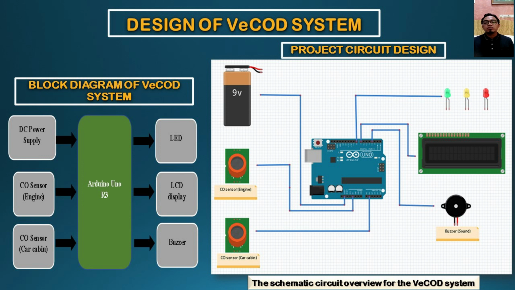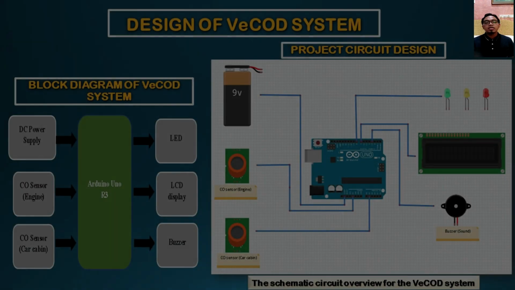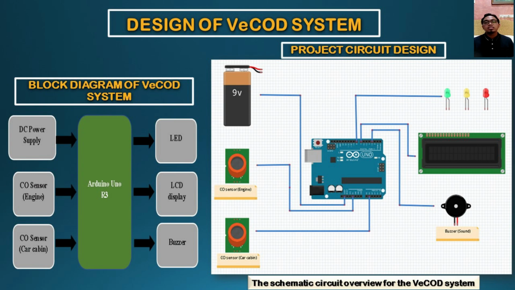The LCD in the vehicle system will show the CO gas readings that have been detected, as well as the current status, such as good, caution, or dangerous. When the LED shows green, the LCD will display good status. Likewise, on the yellow and red LED, the LCD will display warning and dangerous status.